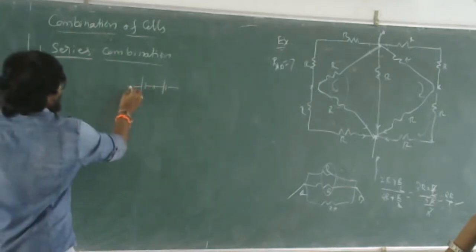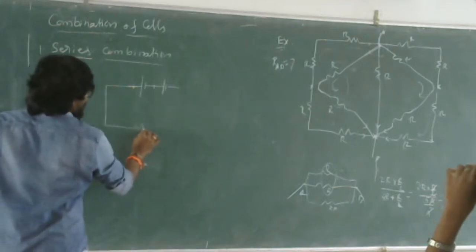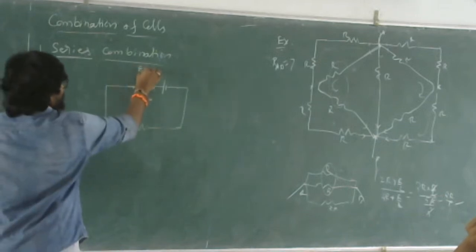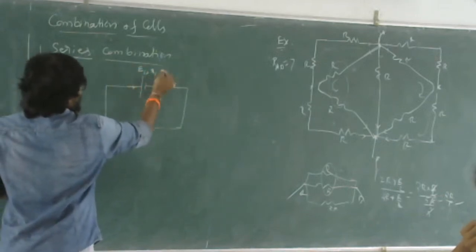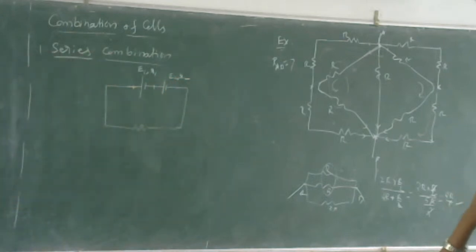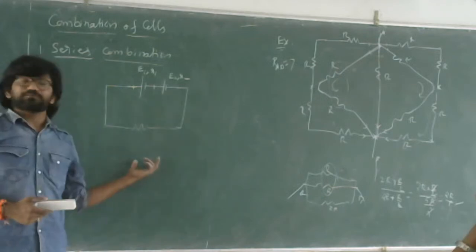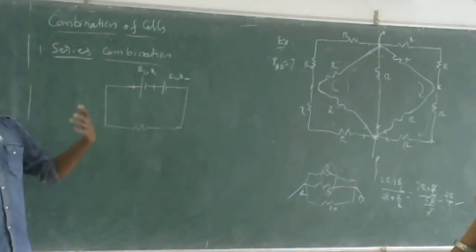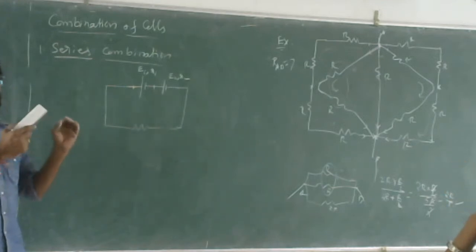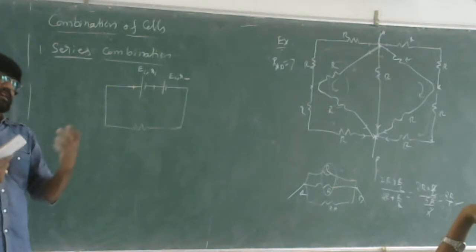So if these two are connected to an external resistor, with EMF E1 and internal resistance R1, and EMF E2 and internal resistance R2, then how do we find the effective EMF of this combination? Same as series combination of resistors or capacitors. Why do we need this? To save space in the circuit.